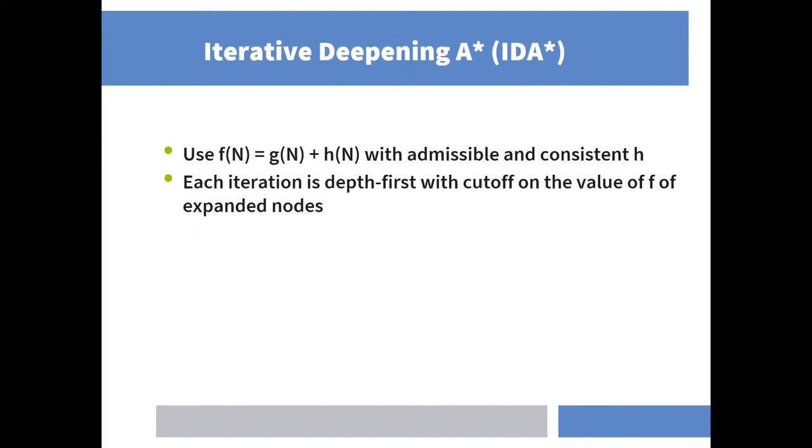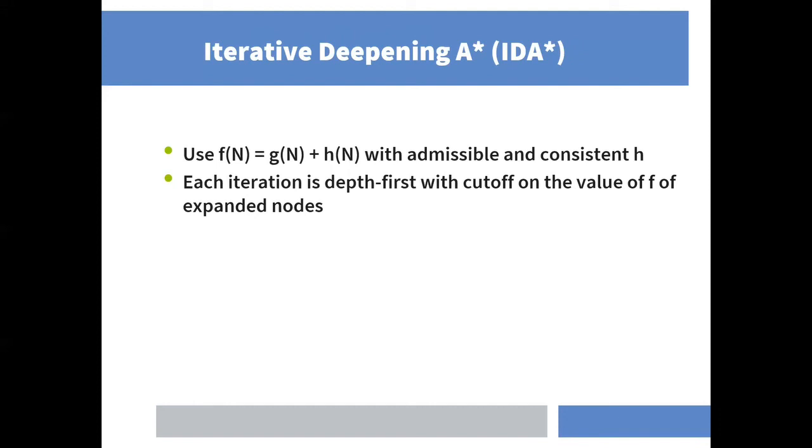The main difference between IDA star and standard iterative deepening is that the cutoff used is the f cost g plus h rather than the depth. At each iteration, the cutoff value is the smallest f cost of any node that exceeded the cutoff on the previous iteration.